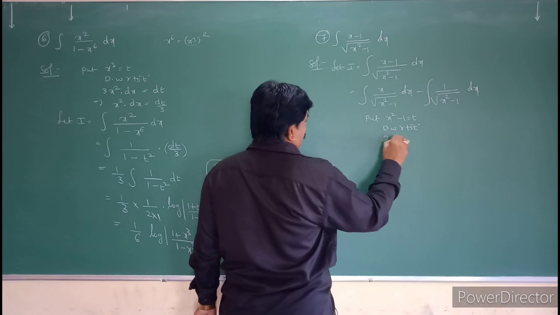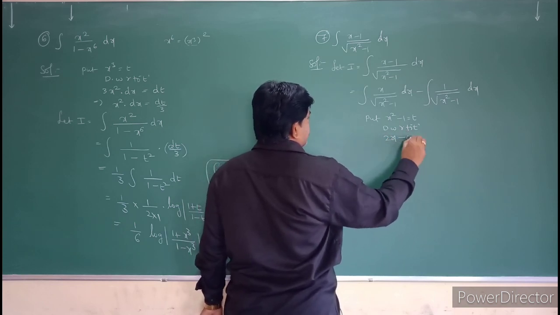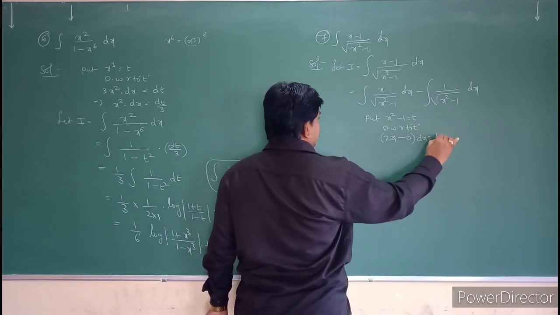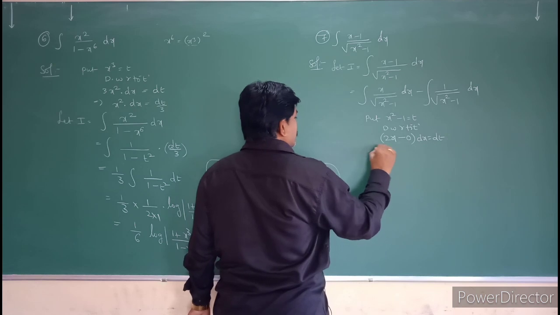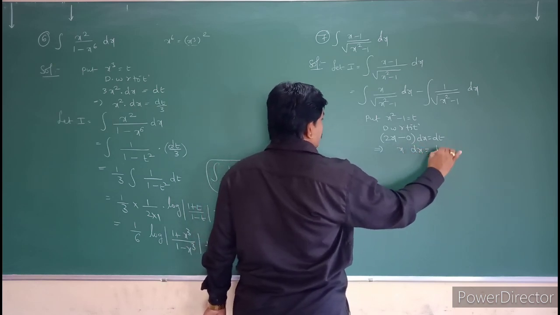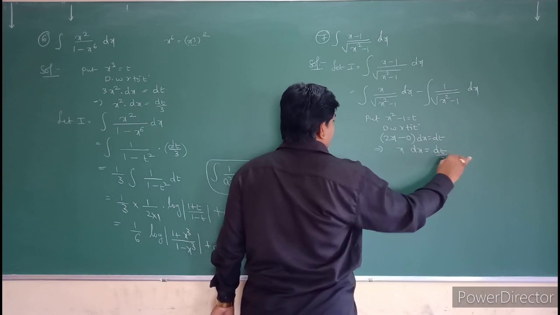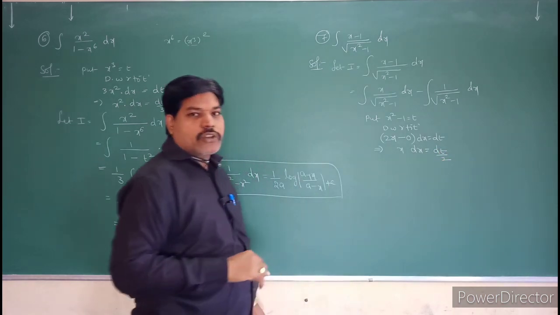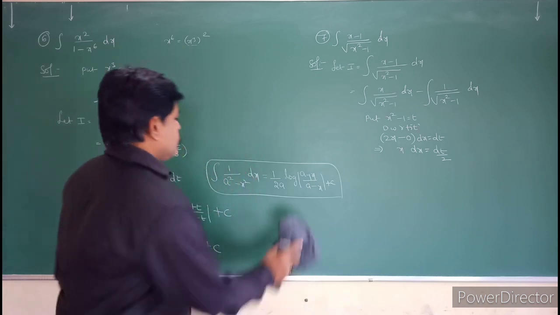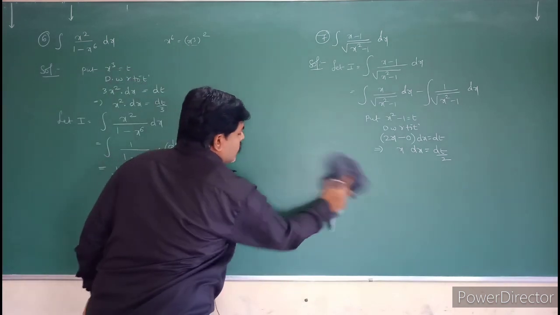What happens? 2x minus 0, 2x minus 0 into dx is equal to dt. So that implies x into dx is equal to dt by 2. X into dx is equal to dt by 2. So take the problem, I is equal to, what is the I?